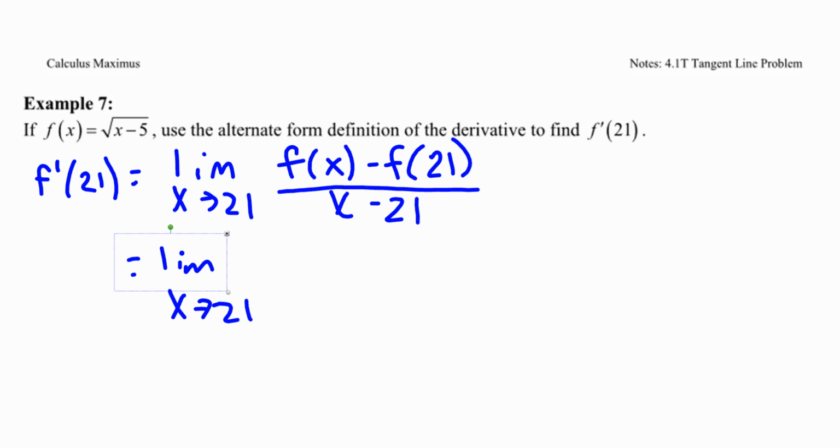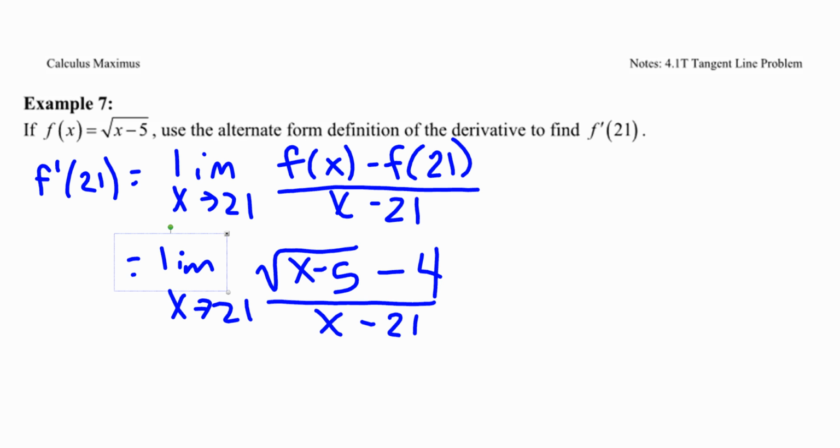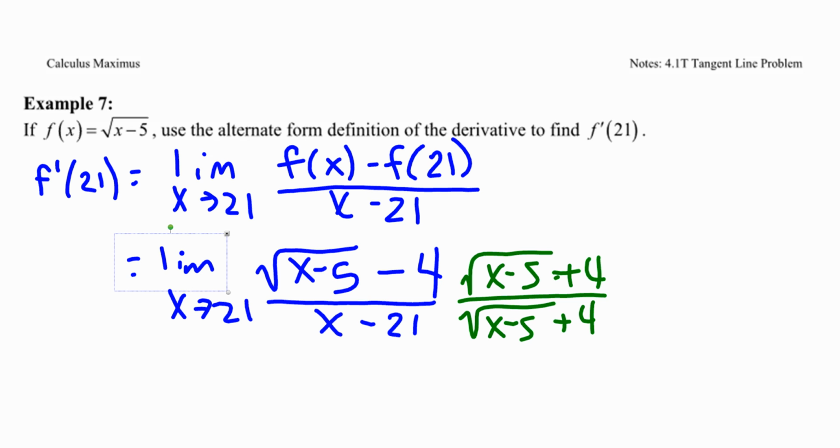Plug in the values, minus 4. Again, we can't just plug in 21, so we're going to have to multiply by the conjugate. Simplify.